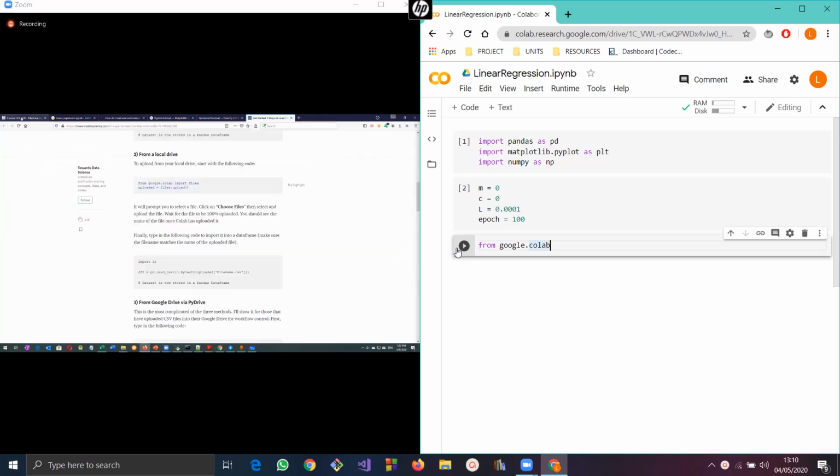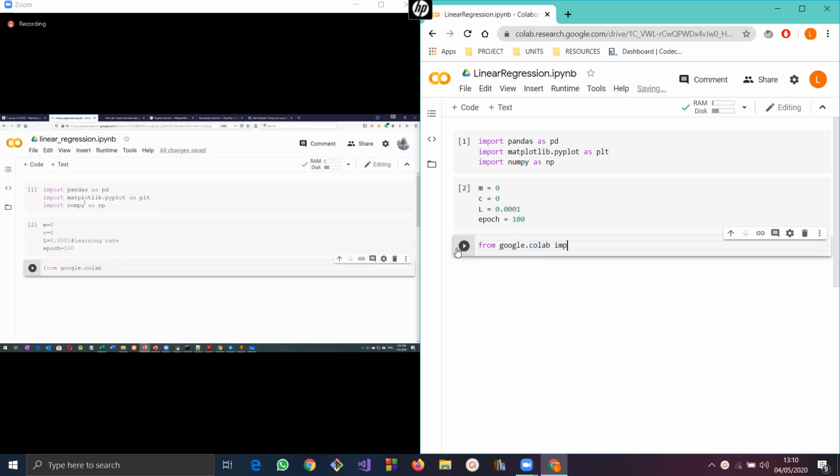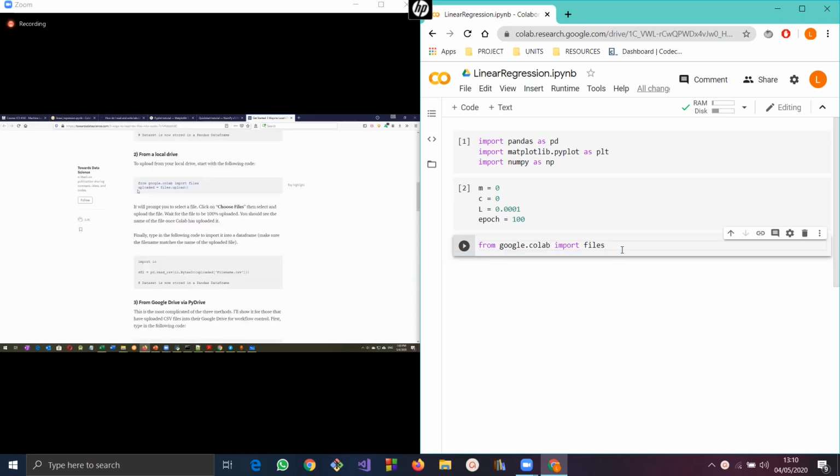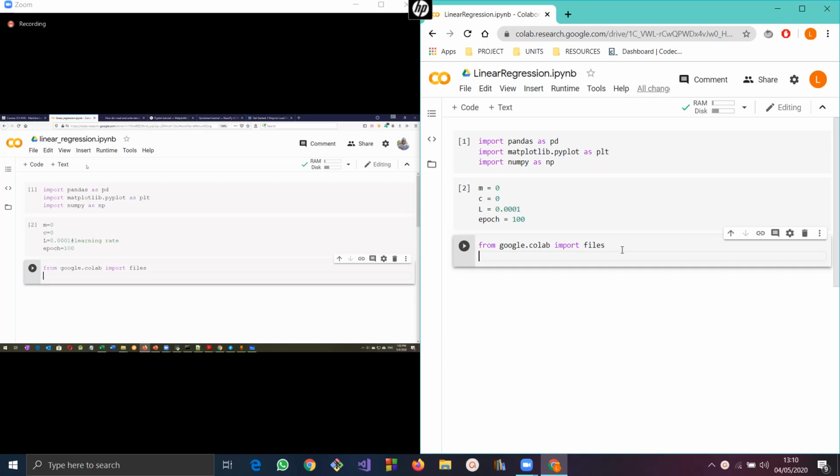So you then say import files. Then you do the second line: uploaded is equal to files.upload. Upload is a function, and you run that one.